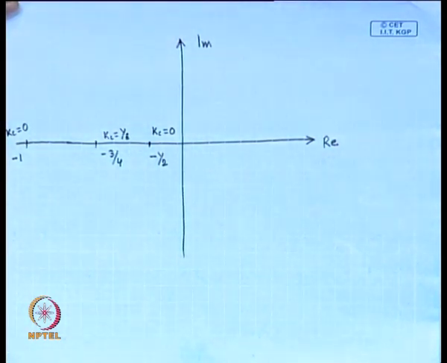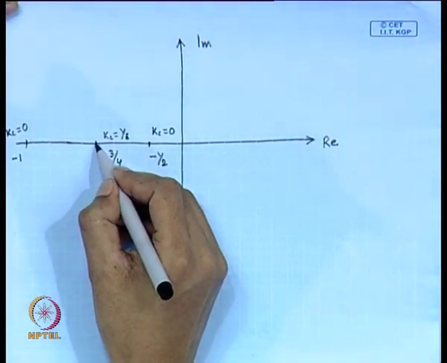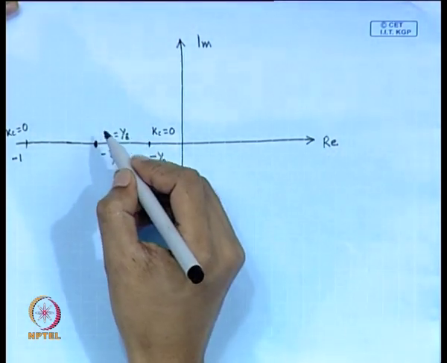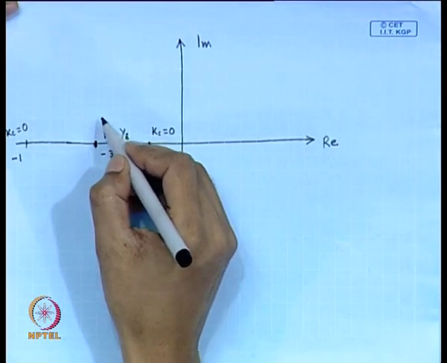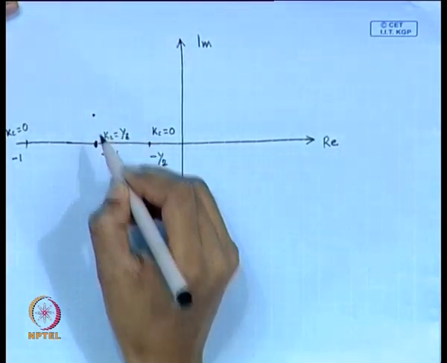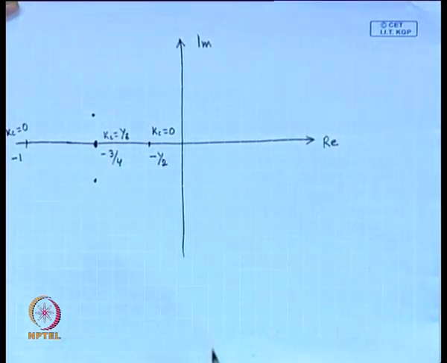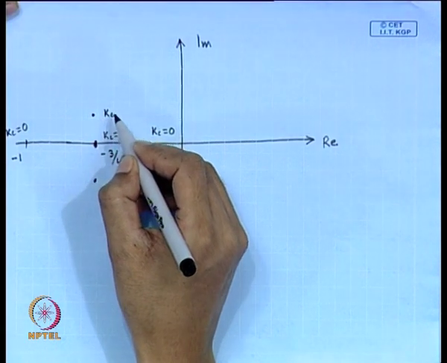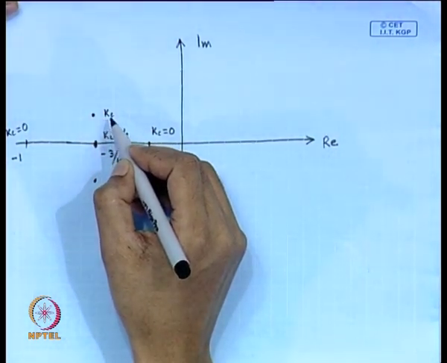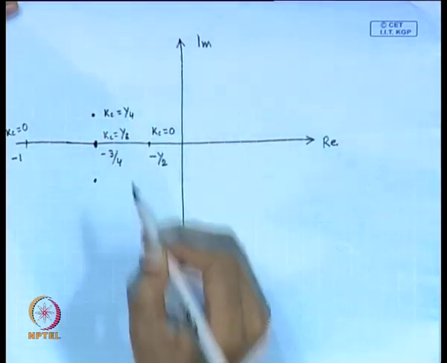Next we will locate the roots when Kc equals 1/4. See, when Kc equals 1/4, we have two complex conjugate roots. Real part is -3/4, that means this point, and the imaginary part is 1/4 and another one is -1/4. I am just writing here that this root corresponds to Kc equals 1/4.